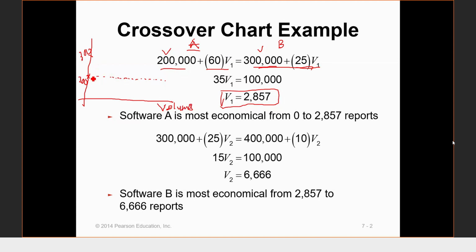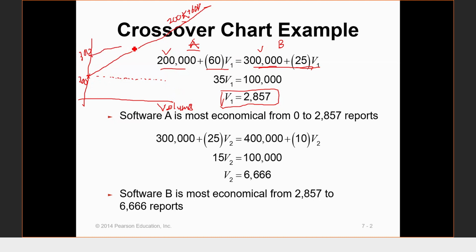So from 200,000, and the slope will be like this. Let's say this line is representing 200,000. I put K to represent 1,000, plus 60V. And the other one is 300,000. 300,000 is higher, but the slope is lower because it's 25.